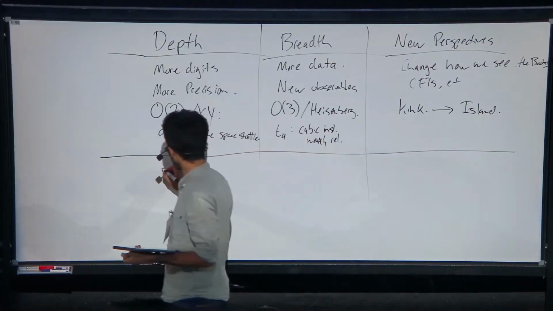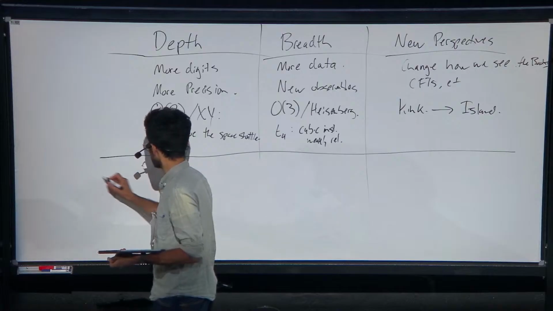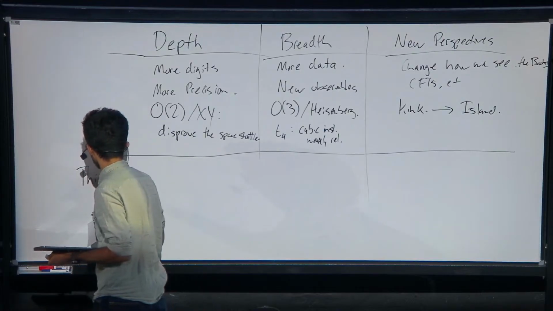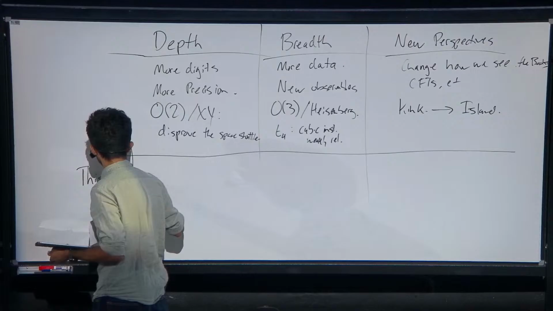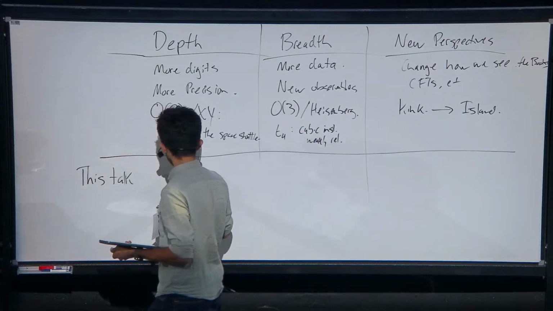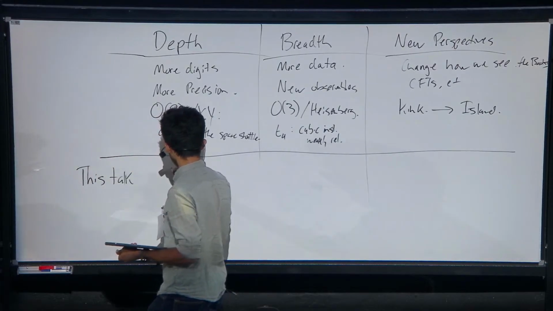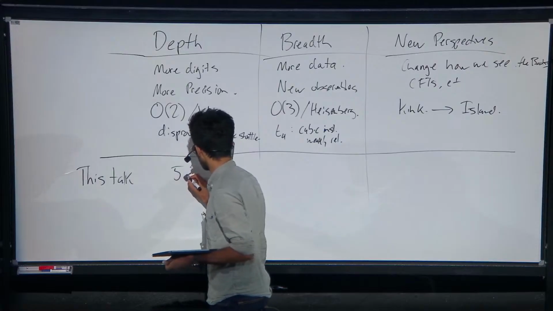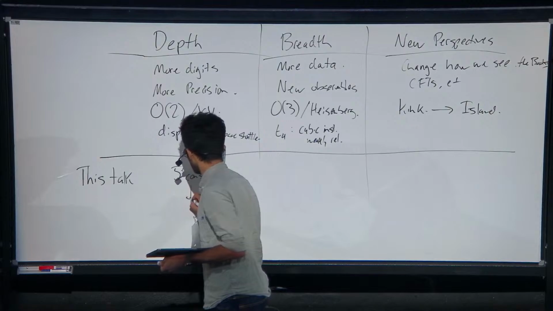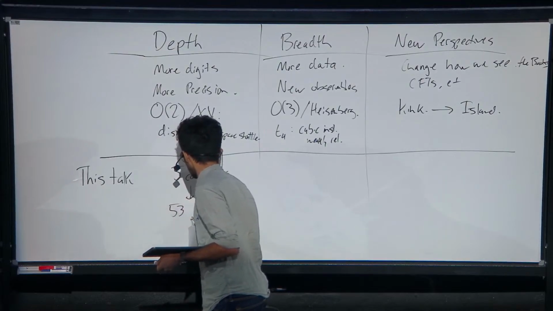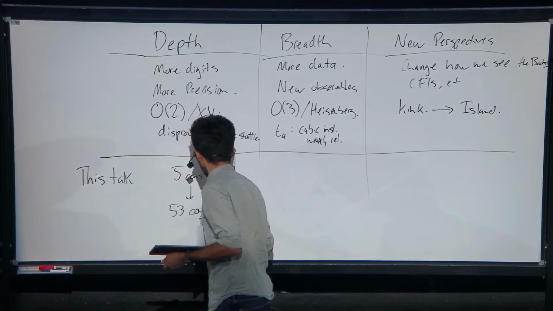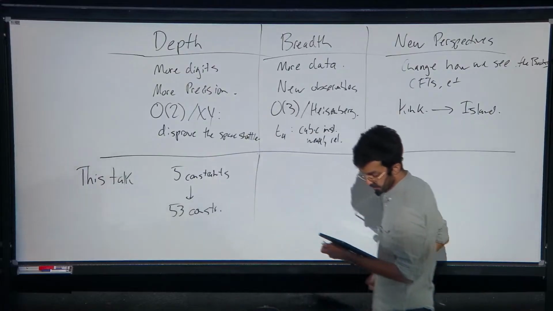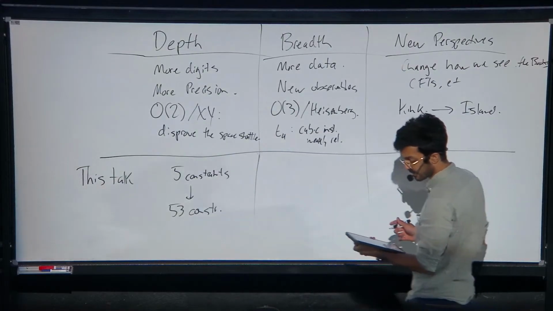So in particular, we'll get more digits in this talk, coming from the fact that we go from having 5 constraints to 53. That will give us a much more precise determination of various CFT data.